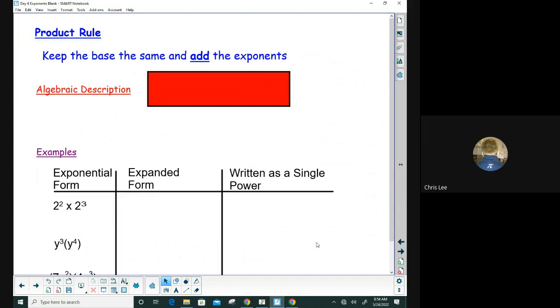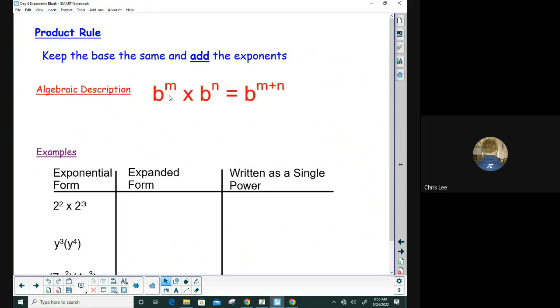So from our Desmos activity, we discovered that when we're multiplying powers with the same base, we keep the base and add the exponents. So the formal definition is written on your page there. B to the power of m, some base to a power of m, times the same base to a different exponent, n, is found by doing b to the m plus n.